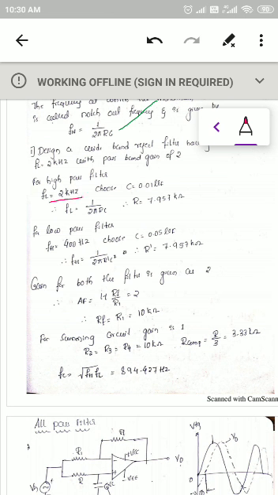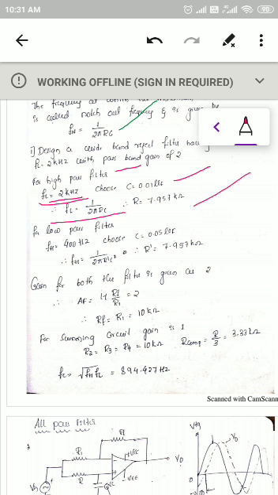FL is equal to 2 kilohertz. For designing the high pass you have to choose the low cutoff frequency. Choose the capacitance as 0.01 microfarad, the smallest value. Then you know the equation, just substitute the FL value and find out the R.